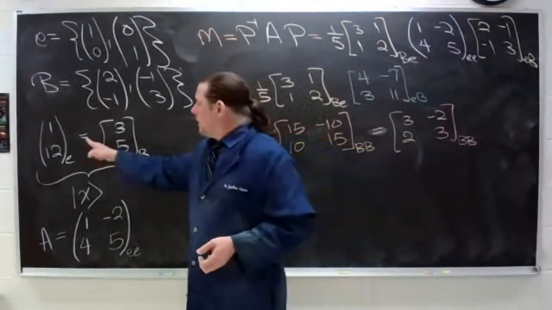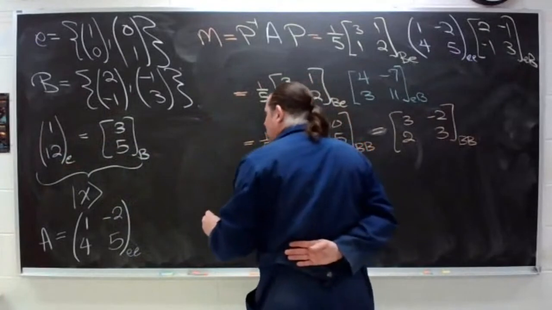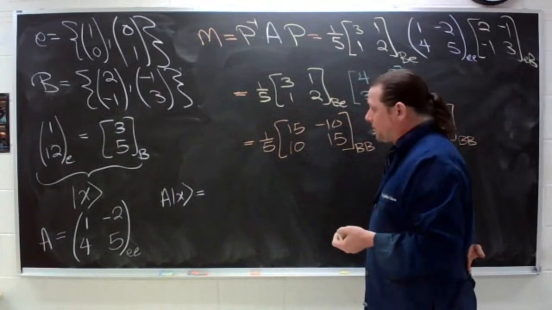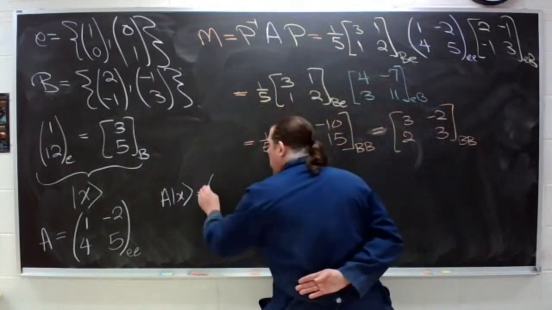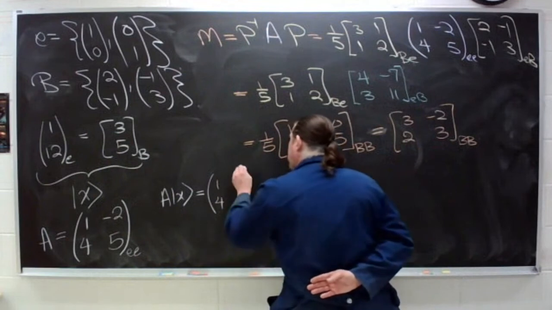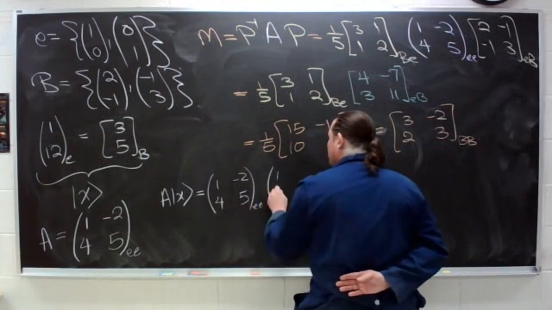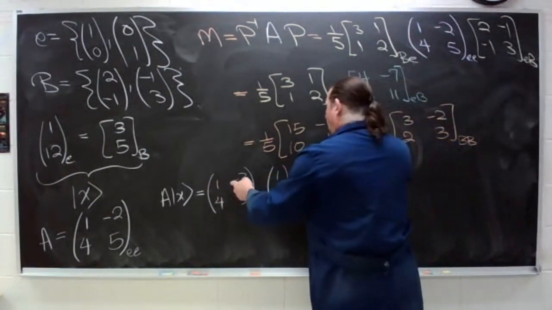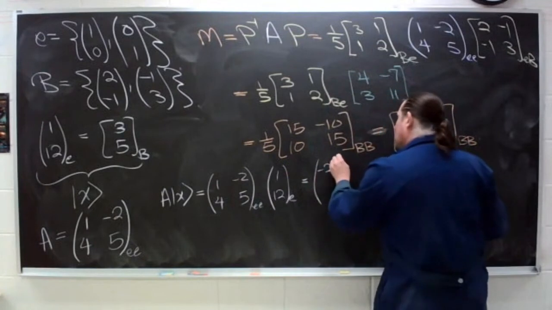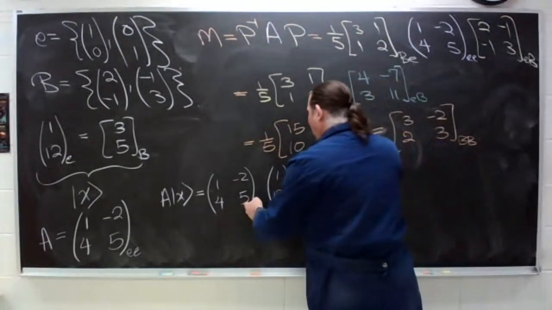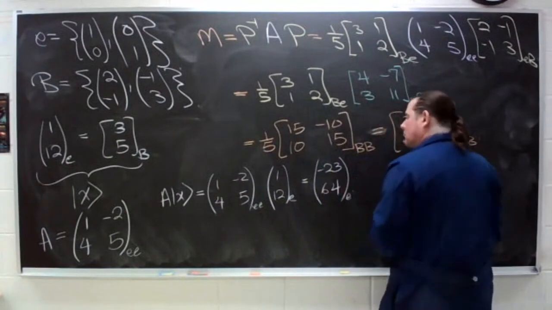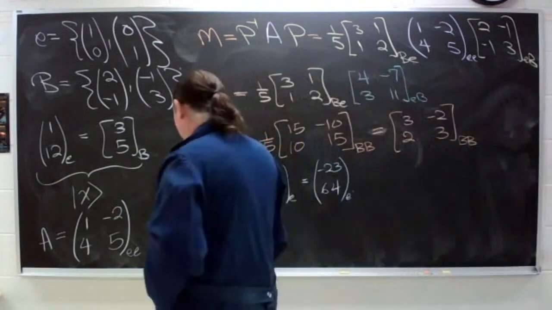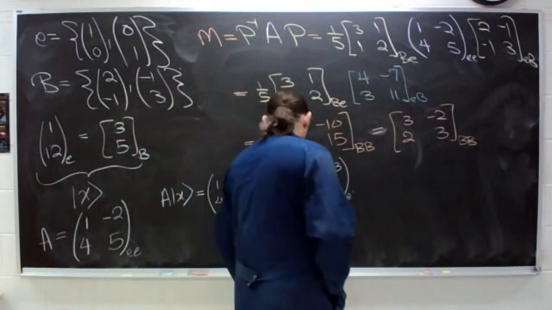Well, we have two vectors here. So let's see what happens to AX. All right, well, this is going to be, all right, so I've got 1 minus 24, 4 plus 60. All right? So that is the action of matrix A in the E basis.